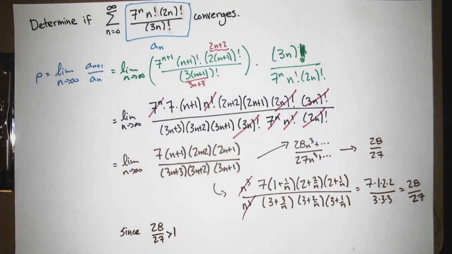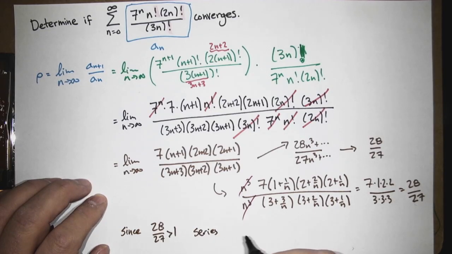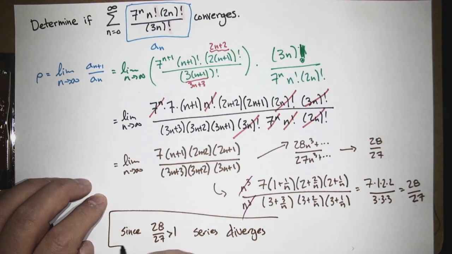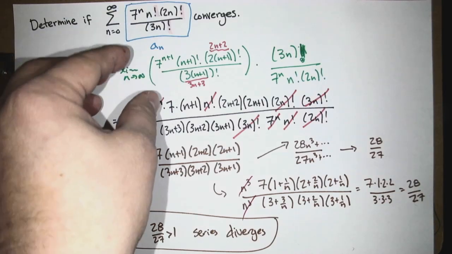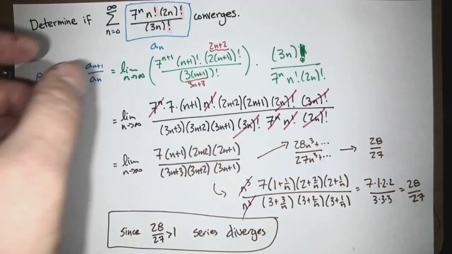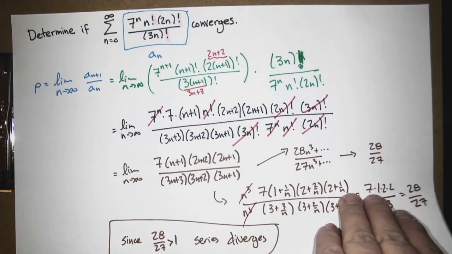Any small bit above 1 tells us that the series diverges. Okay. All right, so that's the ratio test. Any questions? So when you see factorials, you want to get into the habit of ratio test and just the idea of pull off the starts as you need until you're ready to go.